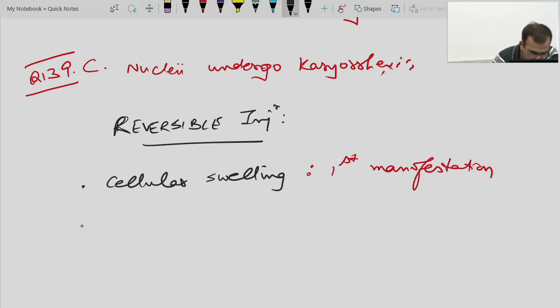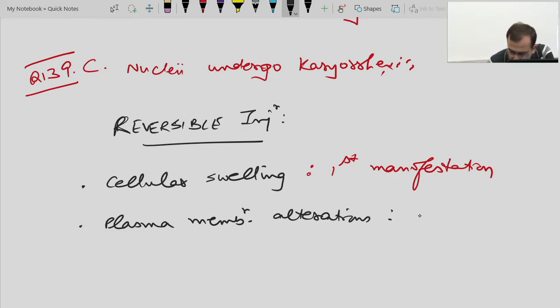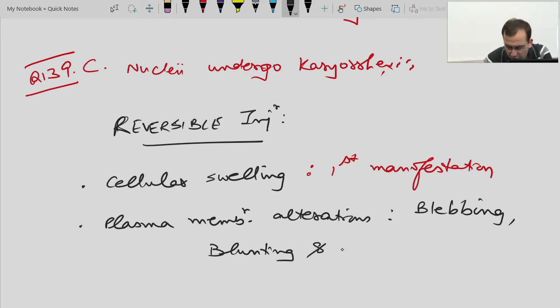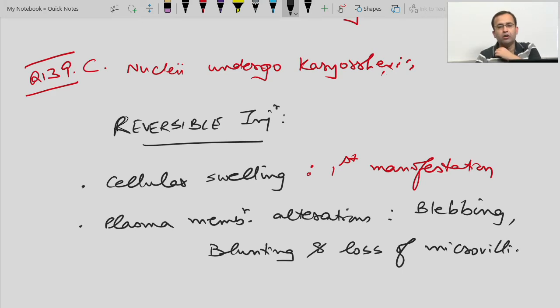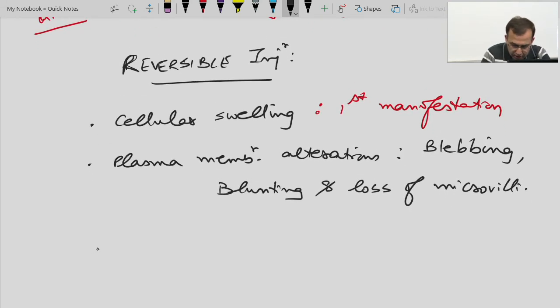Other changes in reversible injury are plasma membrane alterations, that is blebbing, blunting, and loss of microvilli. These are the plasma membrane alterations.